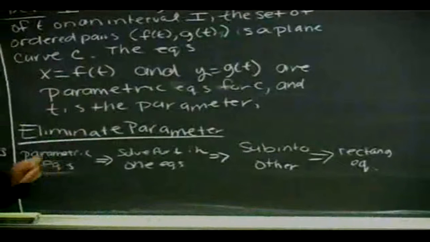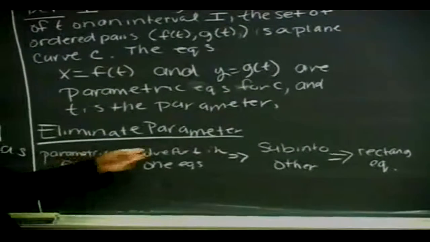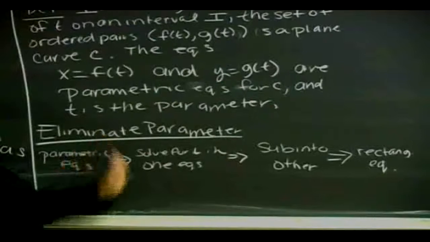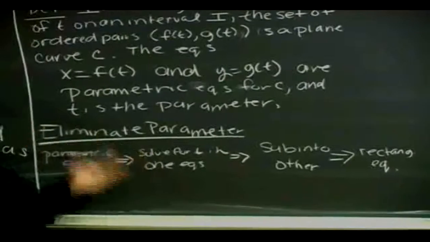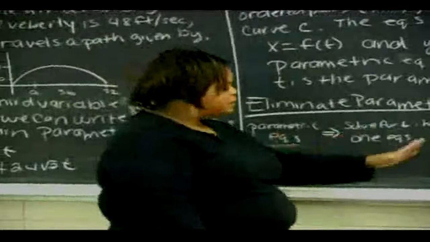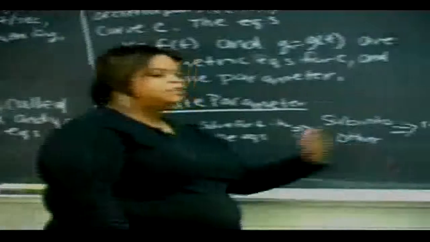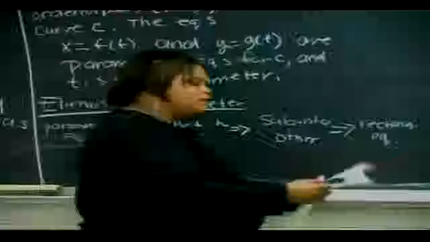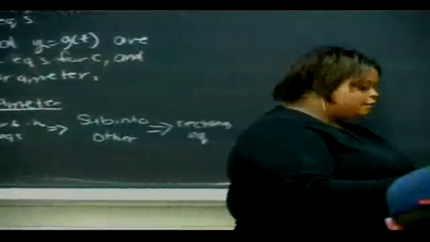Start off with a set of parametric equations, solve for t in one of the equations, and we'll see. Sometimes it's going to be a little bit more involved at this step than just solving for one, because we may solve both for something. Substitute into the other equation, and then we'll get a rectangular equation. Okay? And as I said before, some of them will be a little bit more involved, but pretty much that's what we're going to do today.